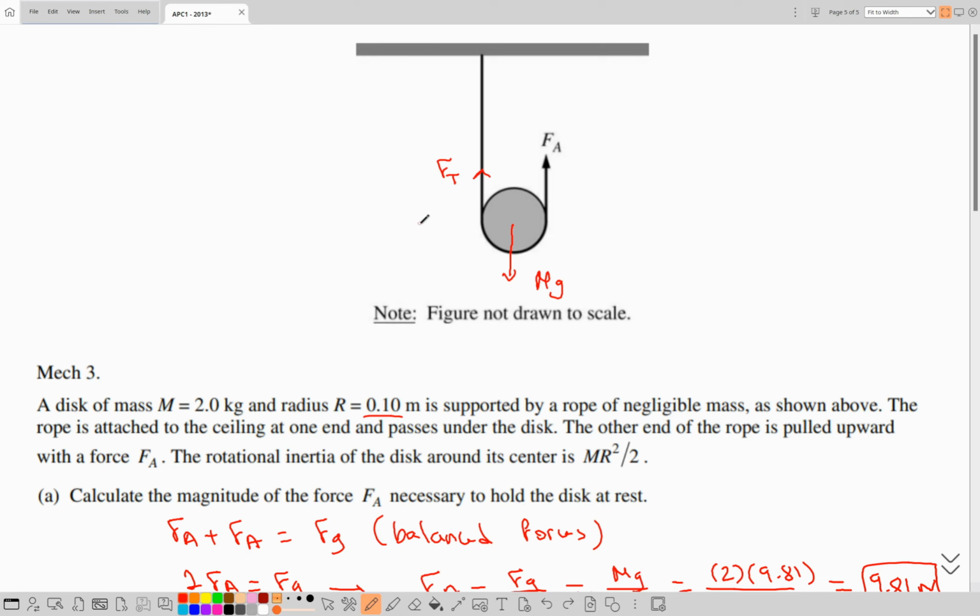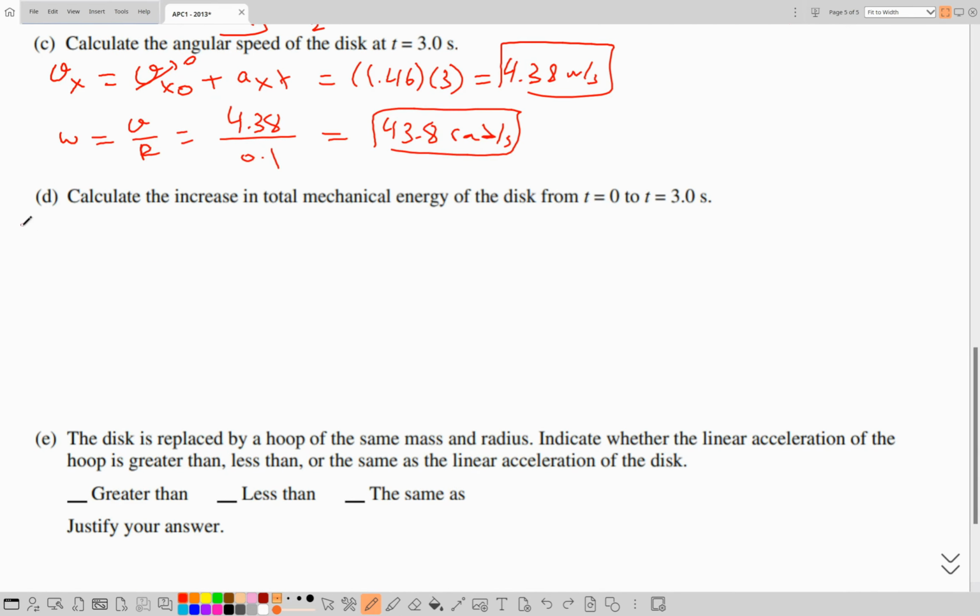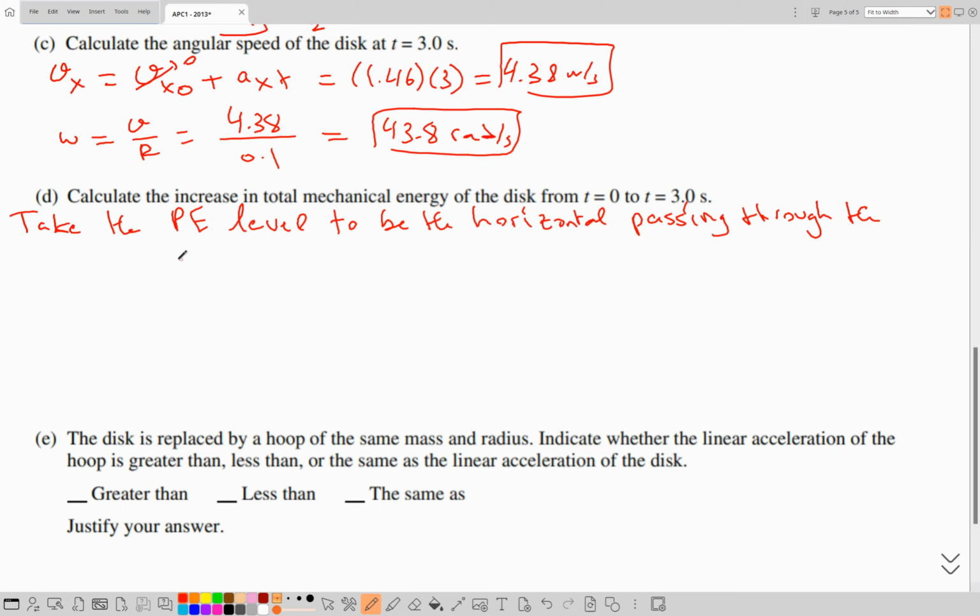So before doing so, let's take the PE level to be the horizontal passing through the center of mass of the disk in the initial position.